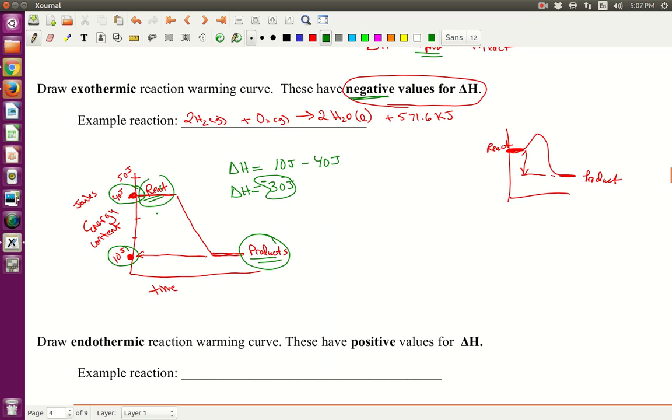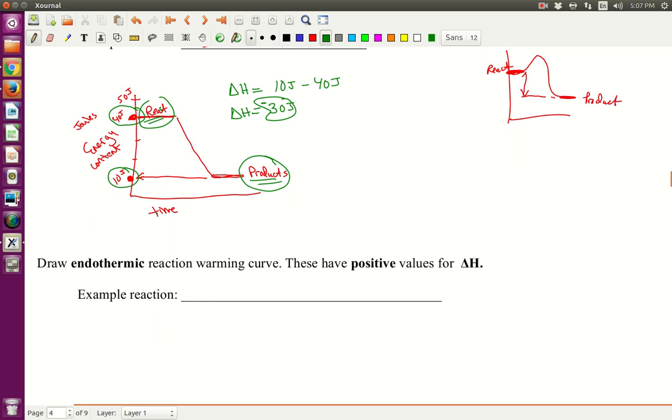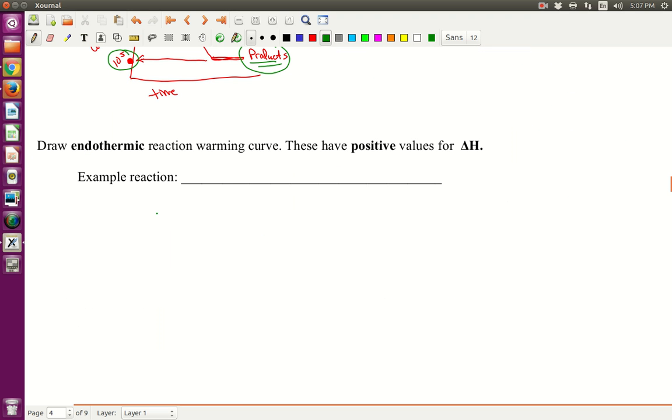Now make sure you put all these things in your notes, okay? What about the endothermic reaction? Okay, so I need to find an endothermic reaction. Here we go, here's a reaction.